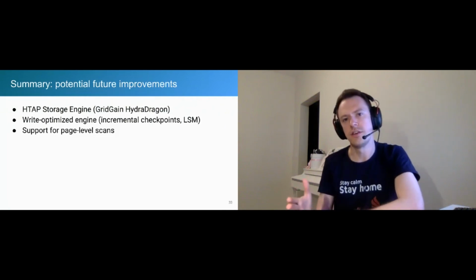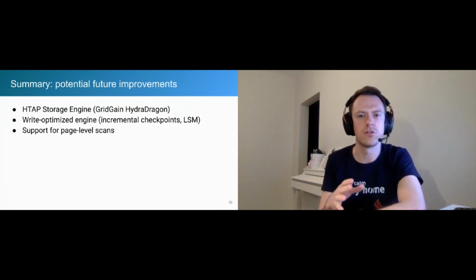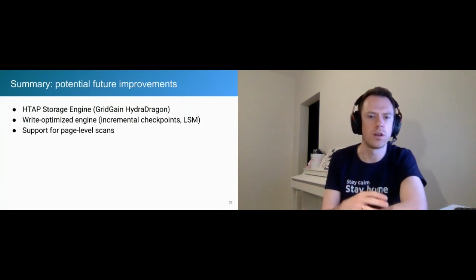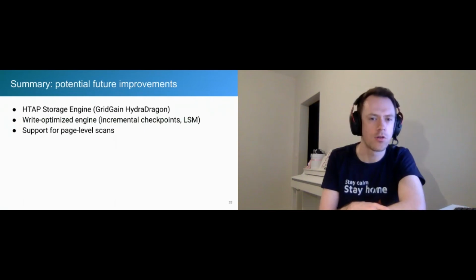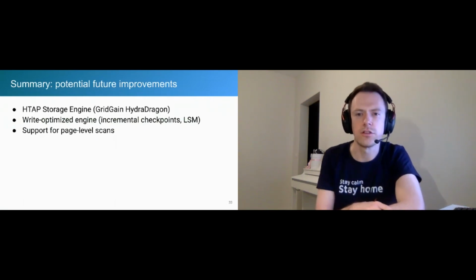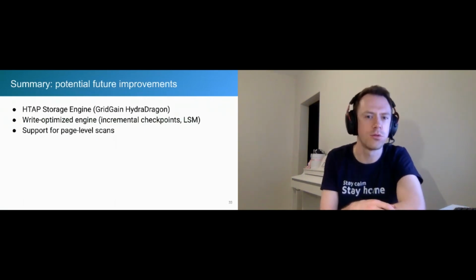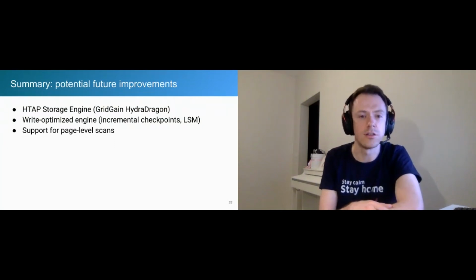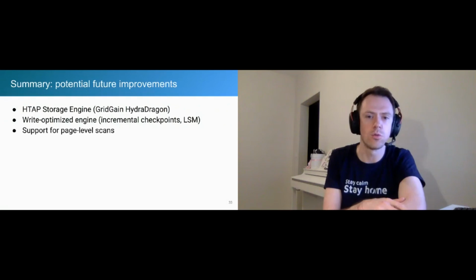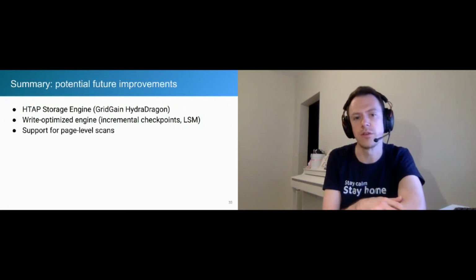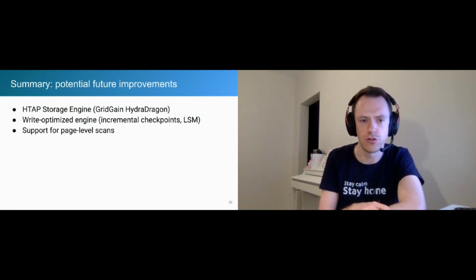Here there are two directions. The first one is incremental checkpoints, which, as far as I remember, are currently in the design stage, and you can take a look at the corresponding proposals in the Ignite enhancement proposals. Another approach, also widely used and famous, is the log-structured merge tree.